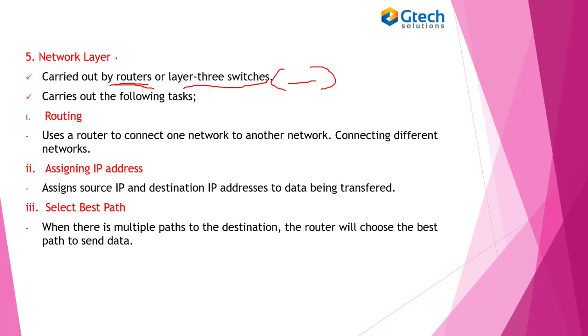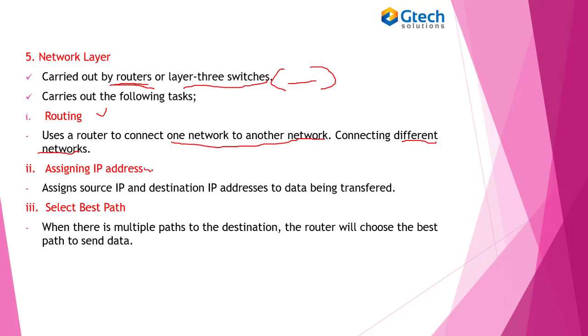At the network layer, the following are the three functionalities. The first one is routing. Routing is a process a router uses to connect one network to another, or to connect different networks, multiple networks.